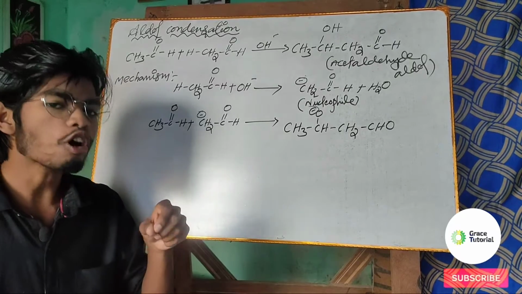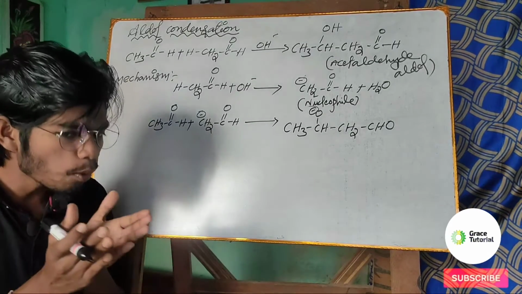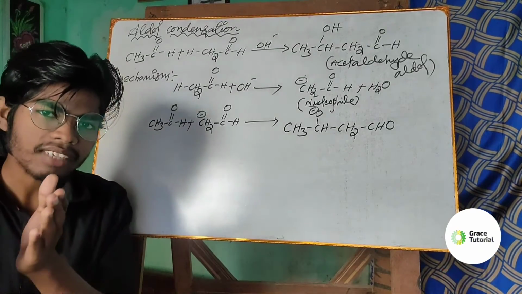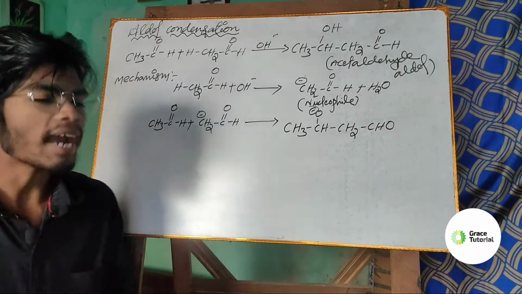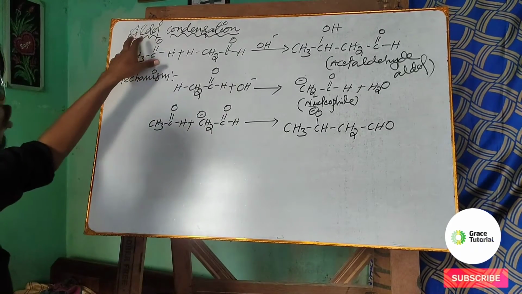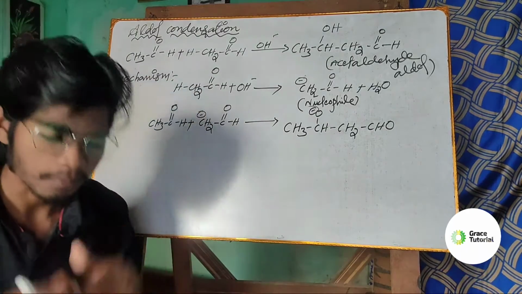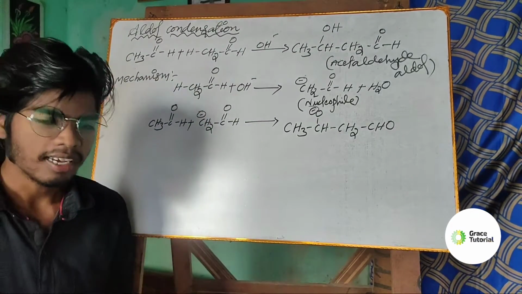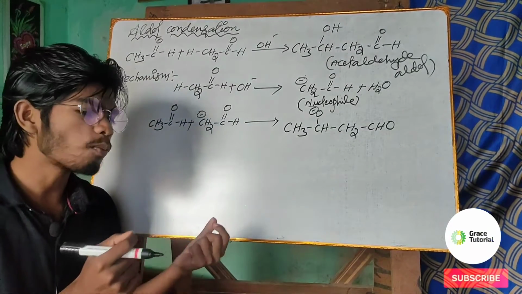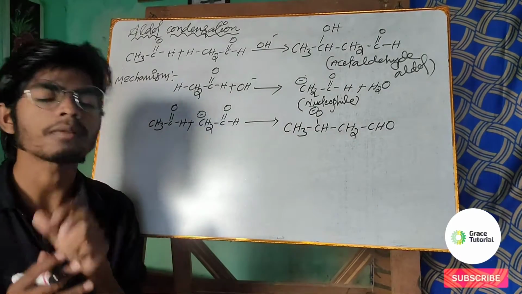The product contains both the aldehyde as well as the alcohol group. That's why this reaction is known as aldol condensation. So aldol means the compound consists of both the aldehyde as well as the alcohol.